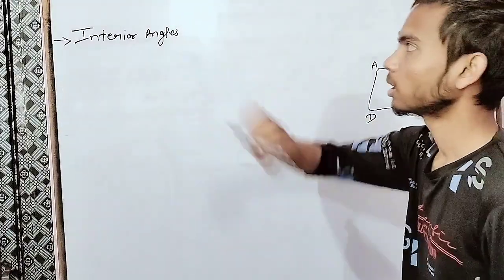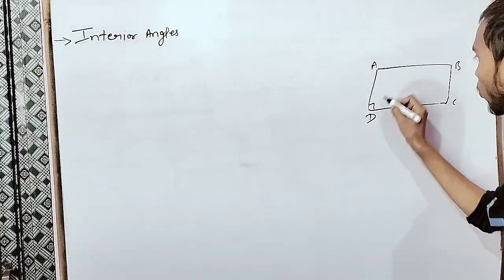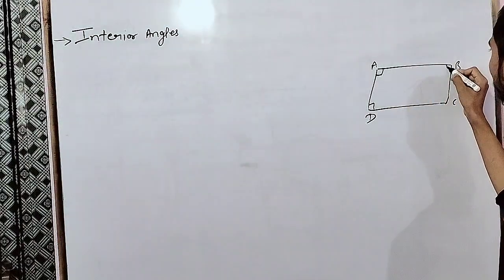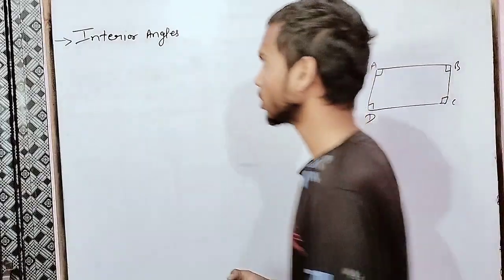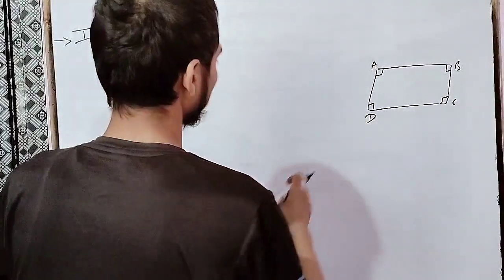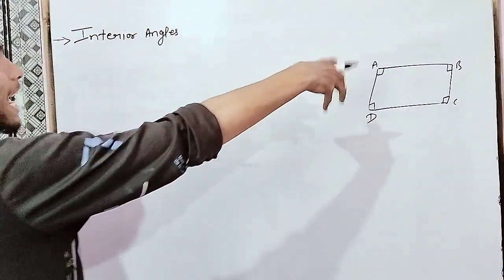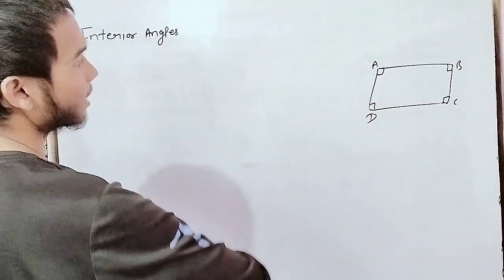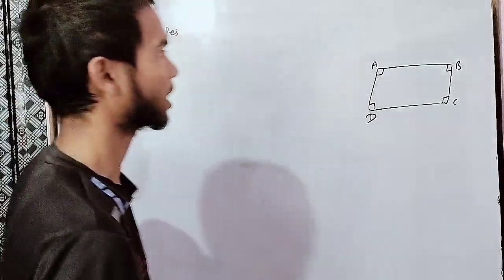A, B, C, D. Here the main point is angles. How many angles? 1, 2, 3, 4. This is the end of right angle. So we have 4 angles, and these are angles inside of this quadrilateral.